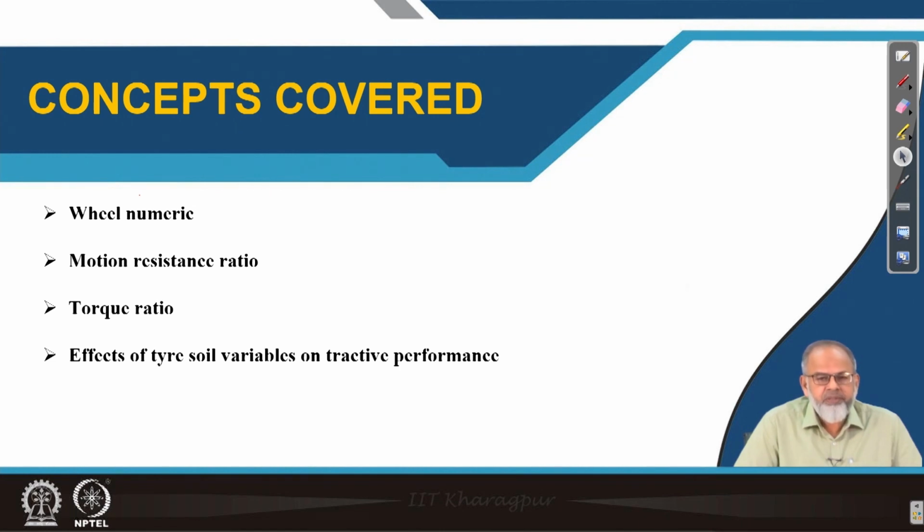So what you have to do is some equations should be available, so that if you know this is the weight which is coming and this is the soil condition, then immediately you can say, okay, this is the available pull, or this is the rolling resistance.